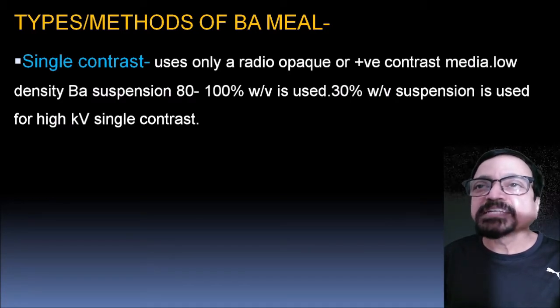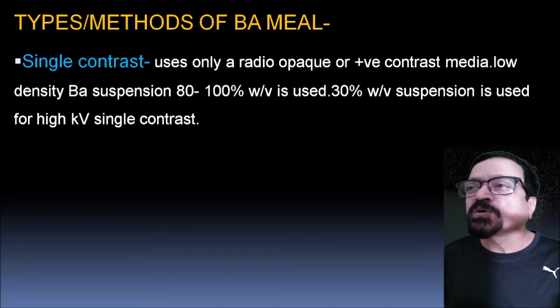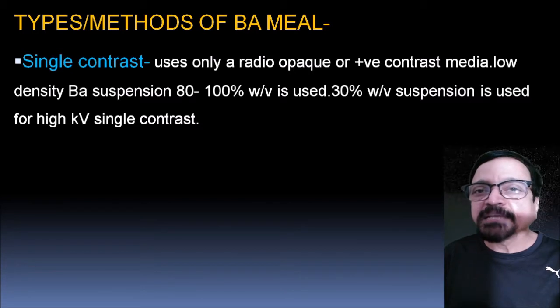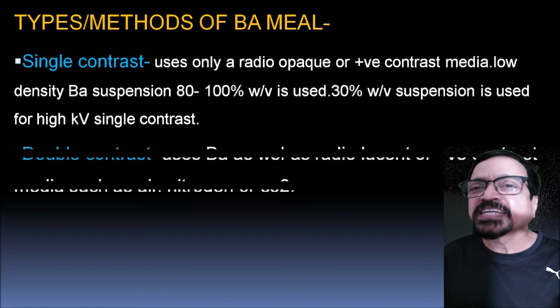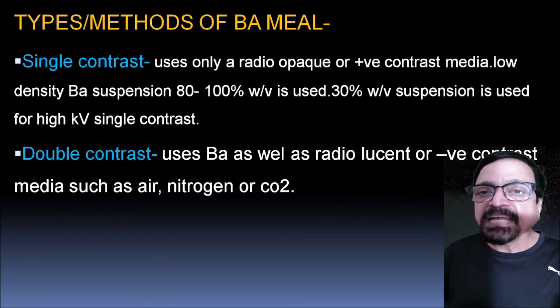Now, what are the types and methods of barium meal? One is single contrast. It uses only a radiopaque or positive contrast media, that is low density barium suspension, around 80 to 100 weight by volume, and 30% weight by volume suspension is used for high kV low contrast examination. Now, double contrast is usually done with the help of barium coating and air.